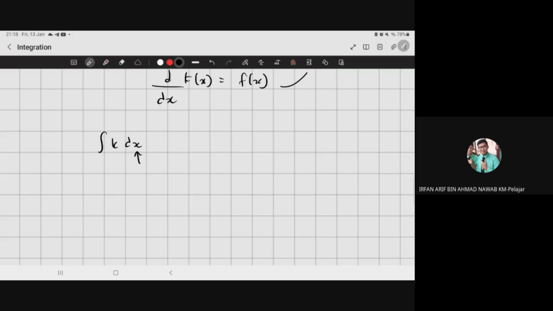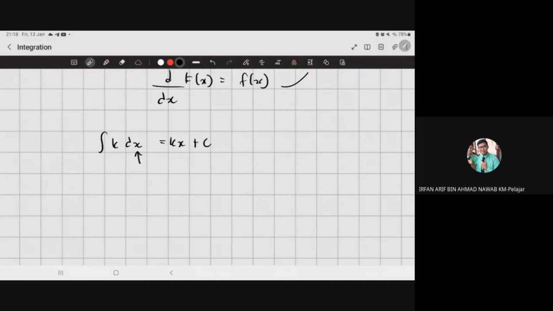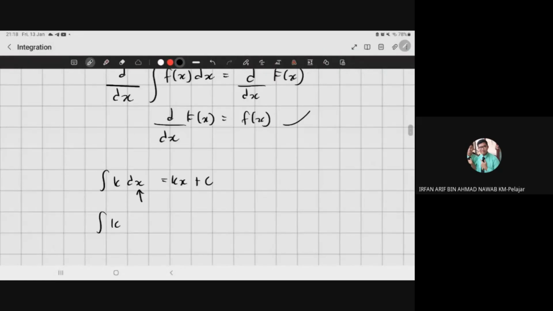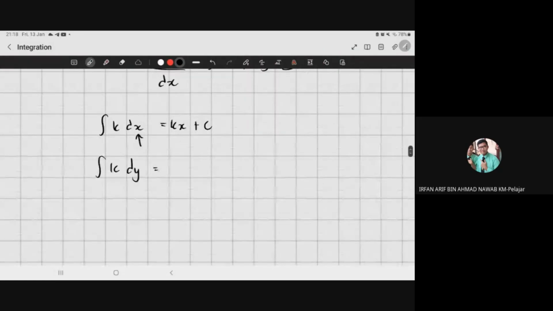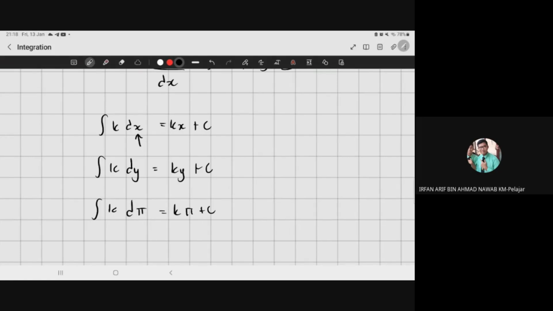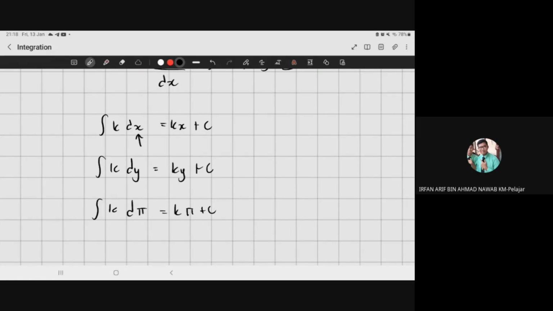So when you integrate the constant, you will get kx plus C. If your variable here is dy, it will be ky plus C. What happens if we have to deal with d pi? Then you will get k pi plus C, and so on and so forth. Those are the things that you have to know. You have to be careful: if your lecturer decides to use a different variable, then you have to follow it.